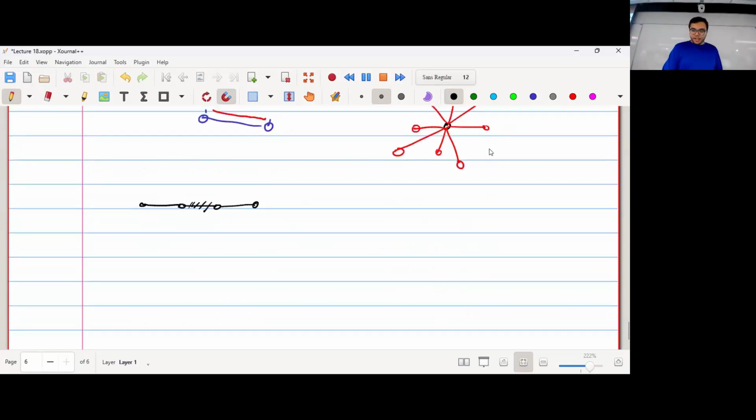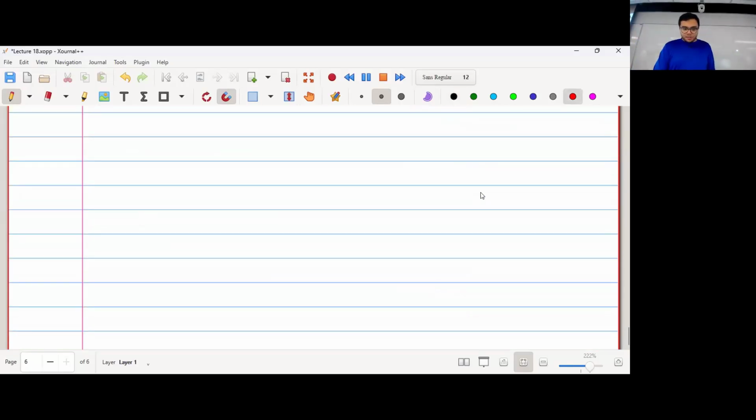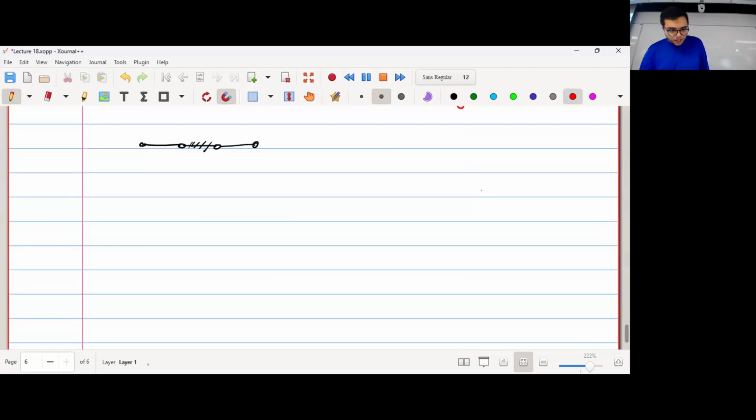So if I look at this graph H, how does it look? H is a collection of stars. So it's something like this. Maybe I have a star with only 2 vertices. Maybe I have a star like this.